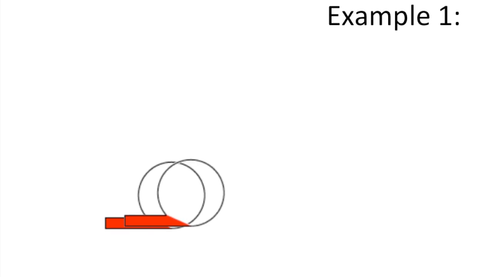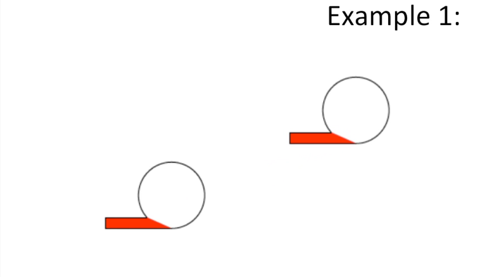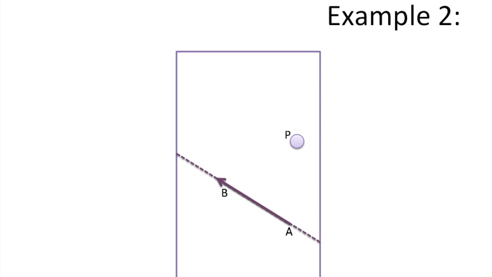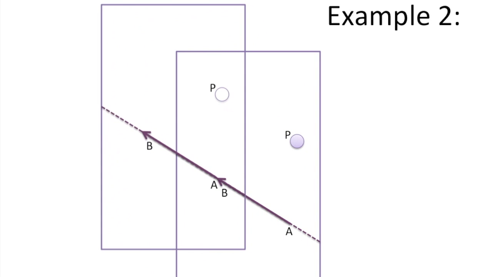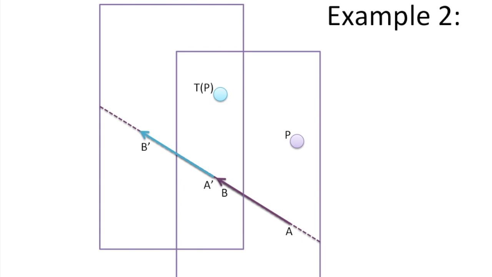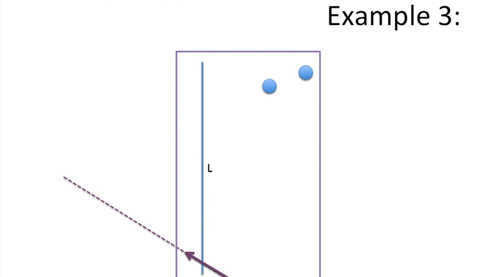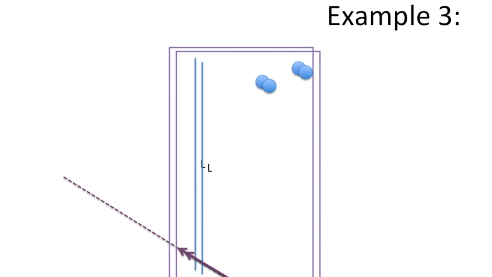So our first transformation takes a shape and slides it along a vector in a direction and of a certain distance. Our second transformation slides an entire plane, and so along with it you're sliding not only the vector but a point included on the plane. Our third example slides a plane with points and lines.